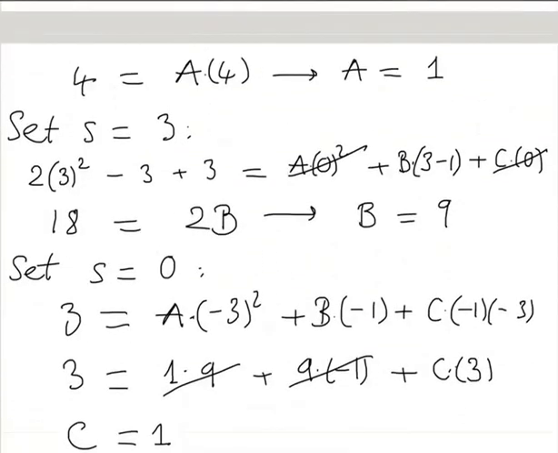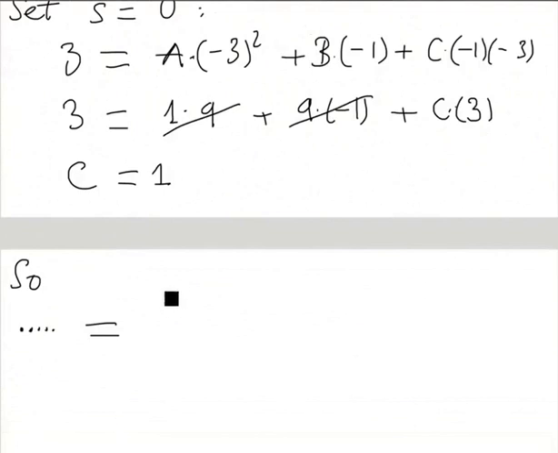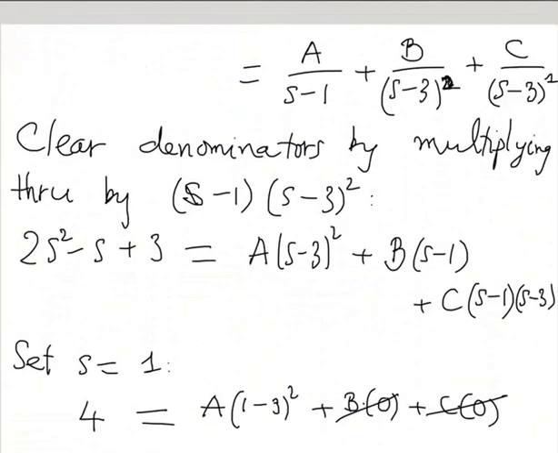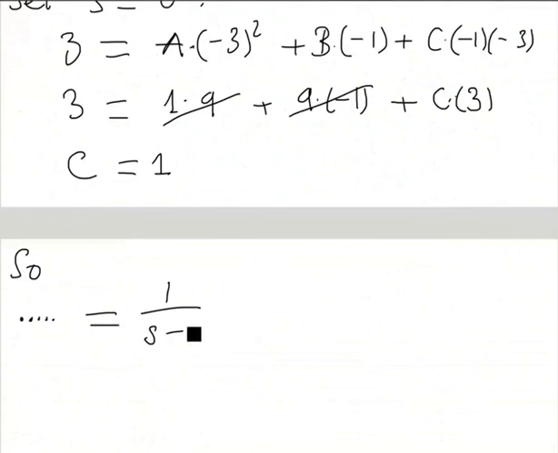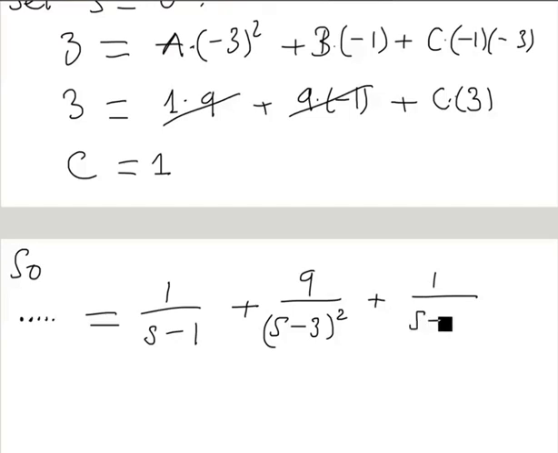So all of that: a is 1, 1 over s minus 1, b is 9, 9 over s minus 3 squared, c is 1 over s minus 3.